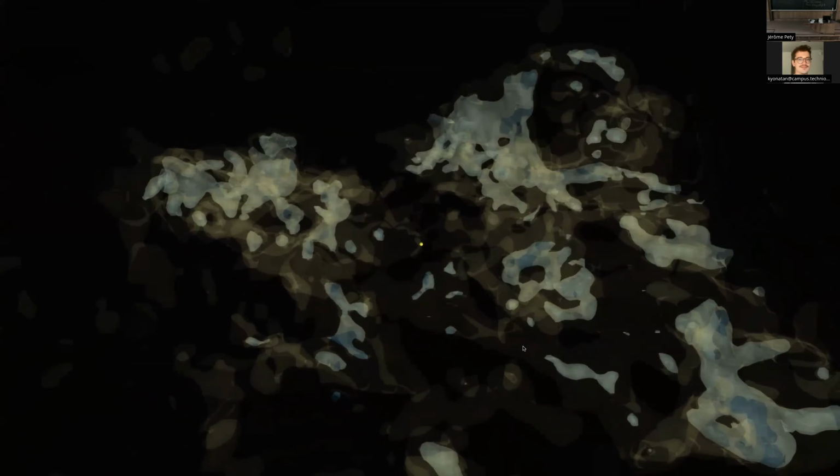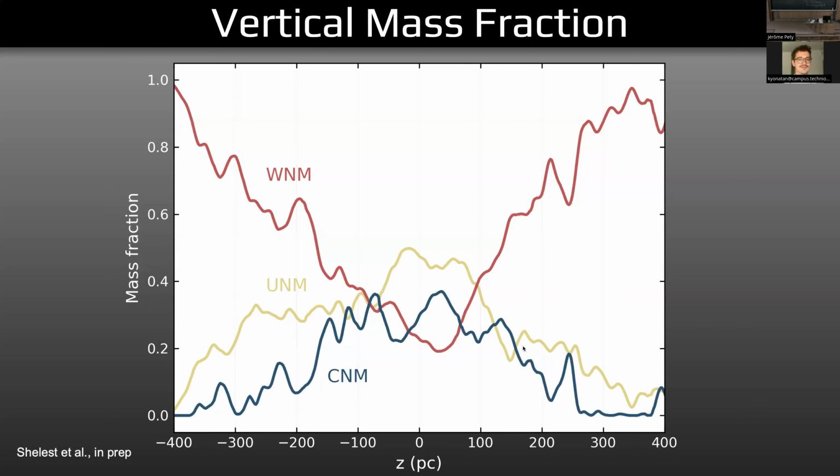And now, once we have this distribution, we may ask some physical questions. Like one, for example, is how are the ISM phases distributed vertically in the galactic disk? So on this slide, I present to you the mass fraction of each phase as a function of height Z. Height zero is the plane where the sun is at, and at each height, the curves tell us the gas mass fraction distributed between the phases.